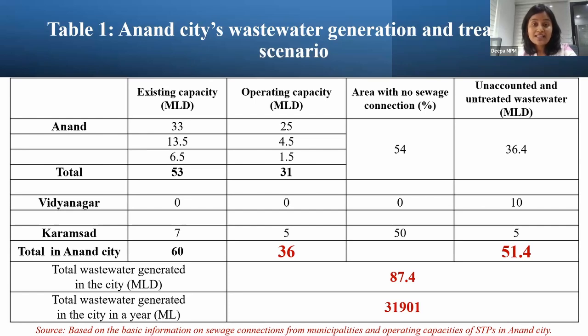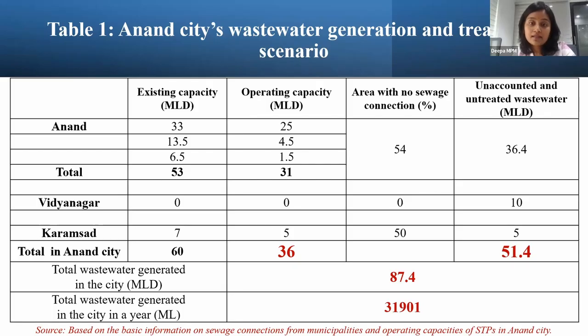Vidyanagar, though it has 100% sewage-connected households, has only the oxidation pond, so I'm considering it as having no STPs. And Karamsad has a 7 MLD STP as its existing capacity. So in total, 60 MLD existing capacity is there in Anand city.